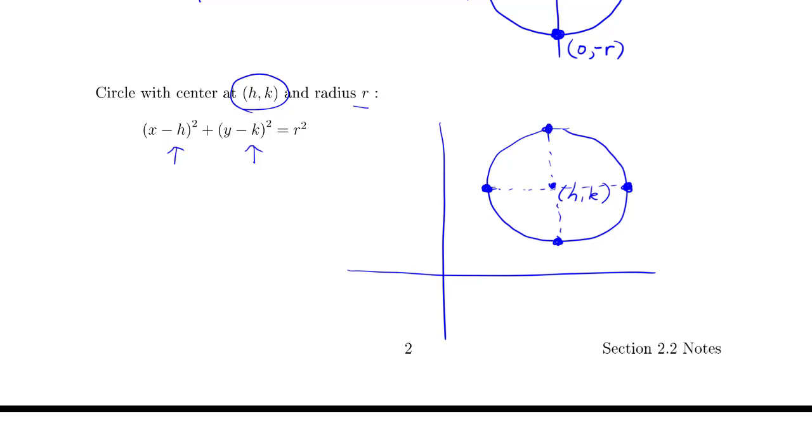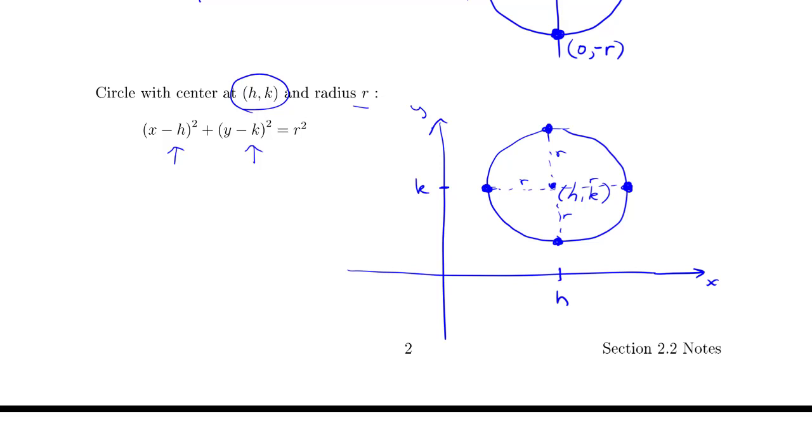Well, realize we know the center is (h, k), so it's h out in the x direction, and we know the y coordinate of the center is k, so it's k up in the y. Also remember that the radius is r.